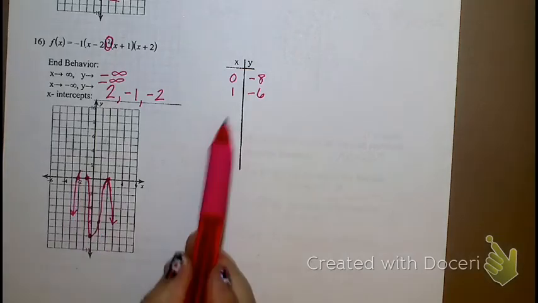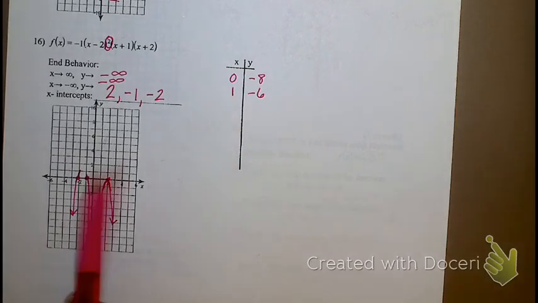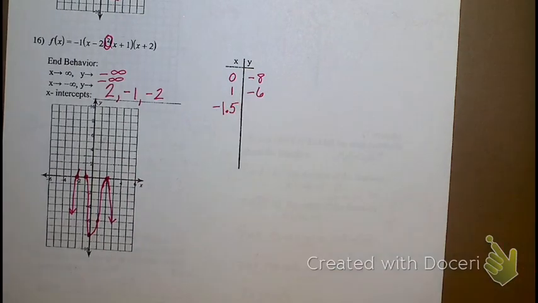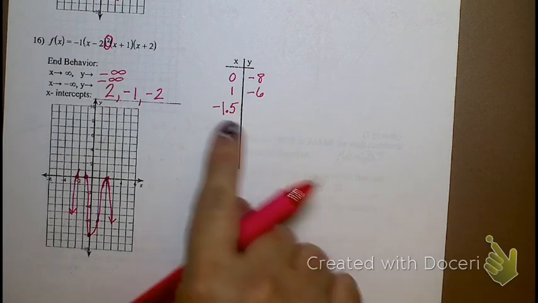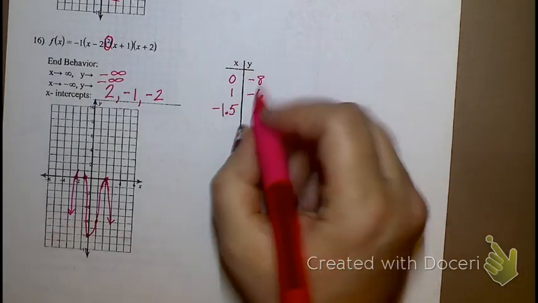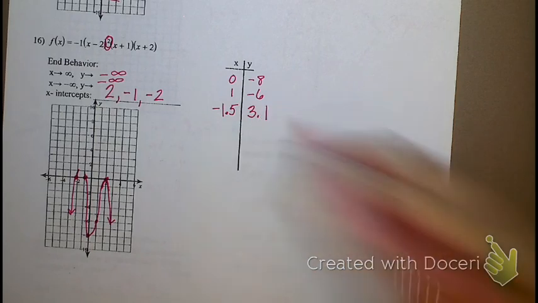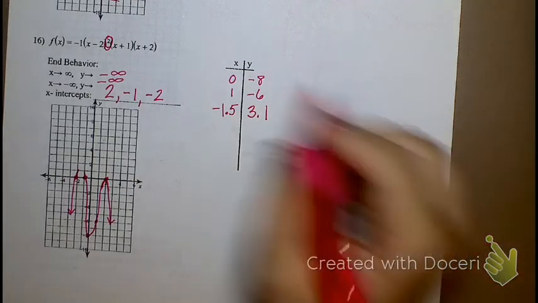So what would be another value I could put on my x's that would show me what's going on between negative 2 and negative 1? Negative 1.5. Now that one I can't avoid. I have to use a decimal because there's no nice number between those two. Plug negative 1.5 into here, and I ended up getting a value of about 3.06, which I just rounded off to 3.1.